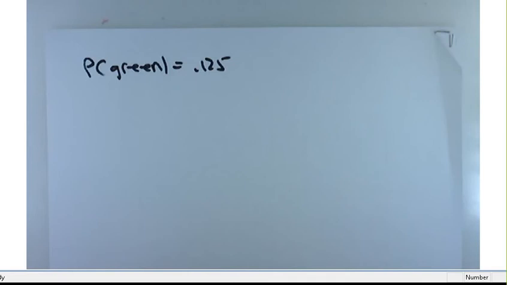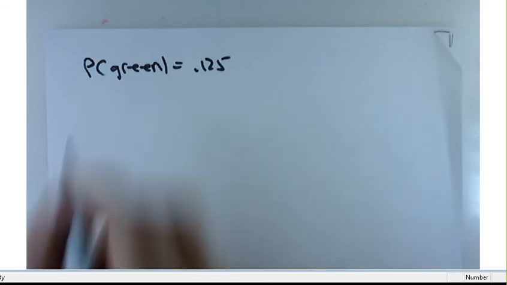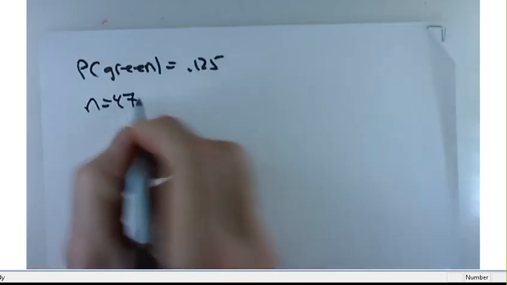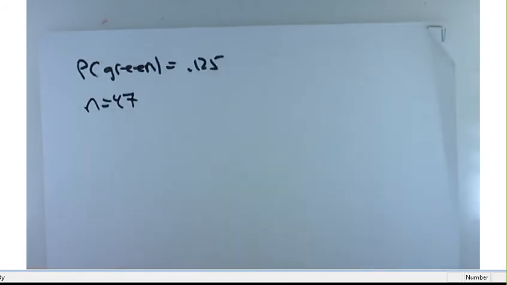Well, let's think about it. I've got 47 M&Ms that I pulled out, so that's a fixed number. Are they independent? Well, let's assume these 47 are from the billions of M&Ms that get produced every year. So that's certainly less than 5%, so you're going to have independence.